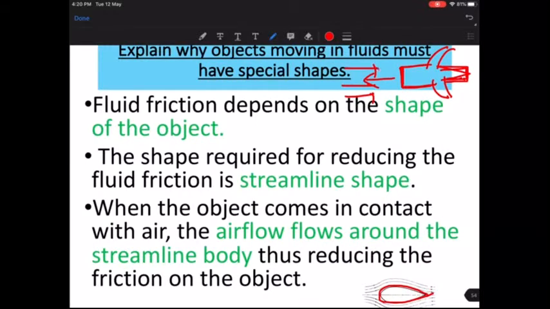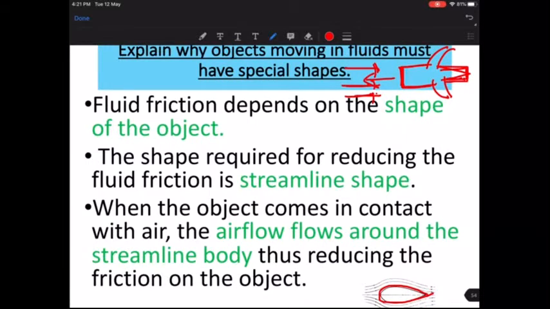And all the air which is coming is going to strike the front surface of the object. So the more the area, the more airflow it is going to encounter. And the more airflow it encounters, the more the friction will be. So this square shaped body will not be able to move quickly or faster.